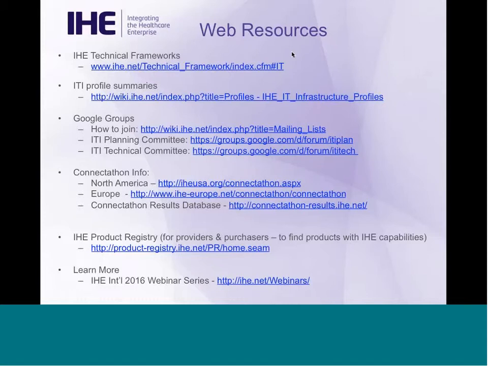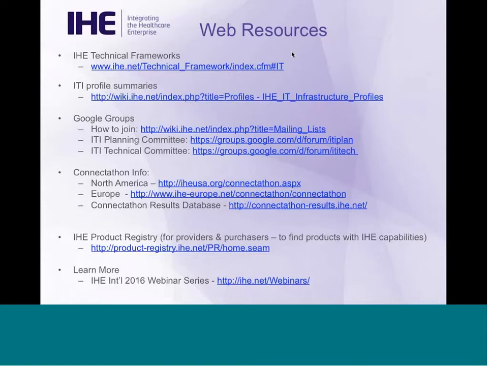I didn't mention the product registry before, but vendors who implement IHE profiles in their products write what we call an IHE integration statement, which is a document which declares what product has what IHE capabilities.